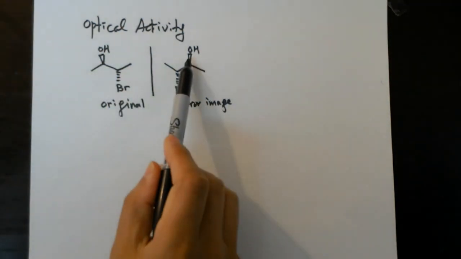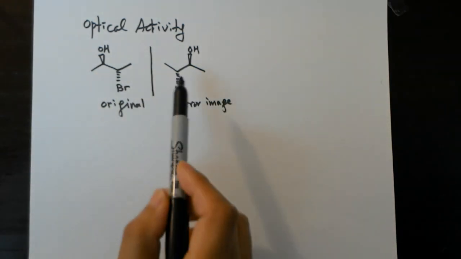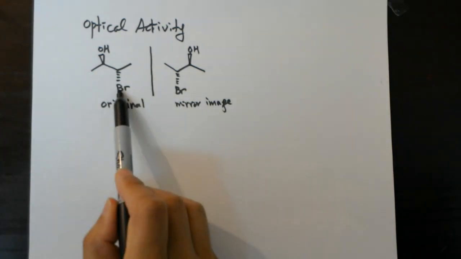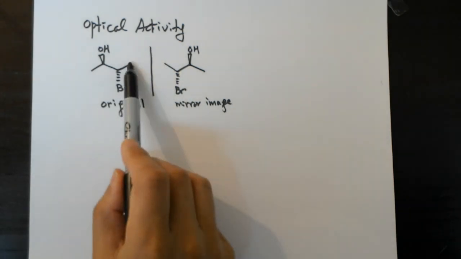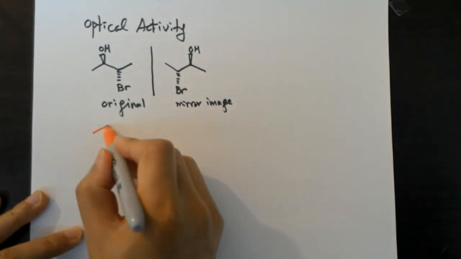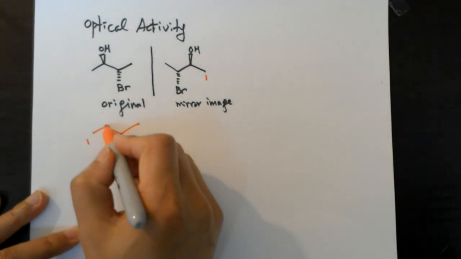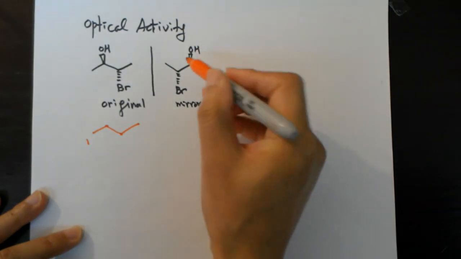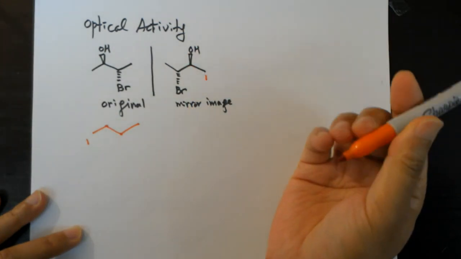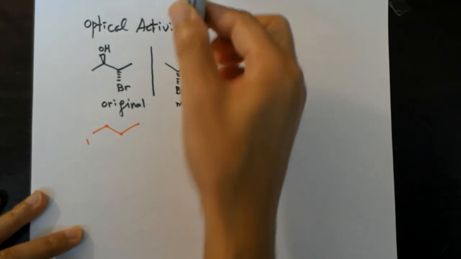You bring the OH over here as well as the methyl group, the CH3 group here, and the Br over here, and this CH3 group right there. So let's try to draw that underneath. This one comes here, and OH comes here. However, the wedge line indicates the OH group coming out. So as you flip, it's going in.